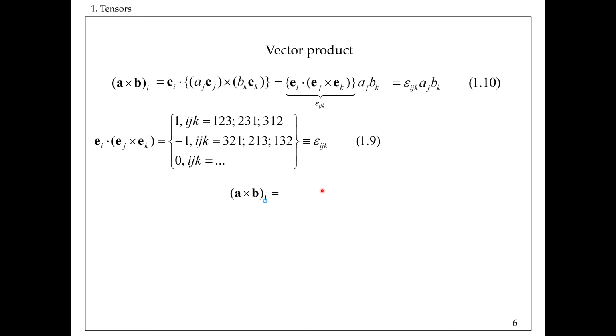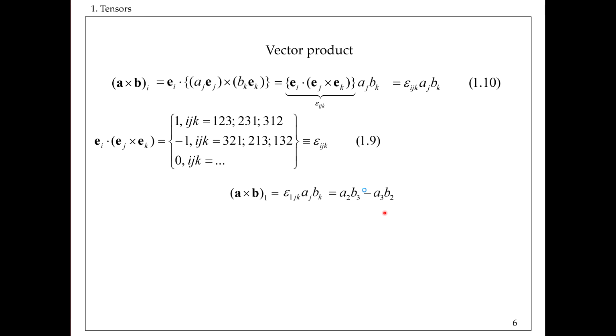So the first component from this summation that is non-zero will be this one, j equal 2, k equal 3, substituted here. Then we have the one with minus, where j will equal 3 and k equal 2, so you substitute j equal 3 here and k equal 2 here. And so this is your component 1.